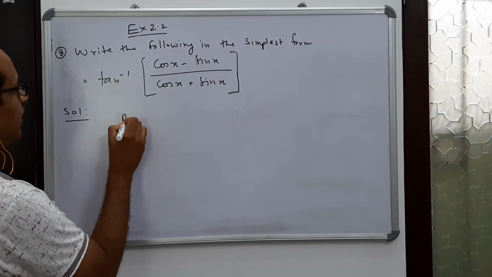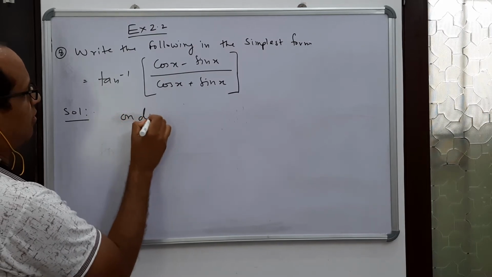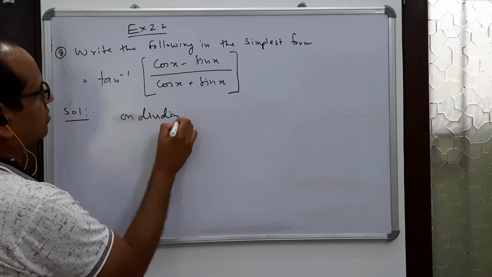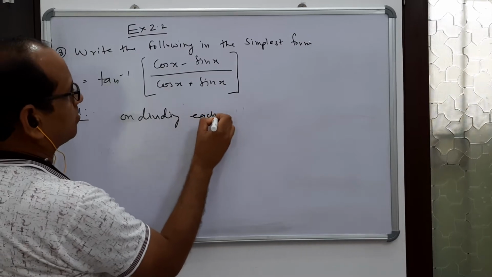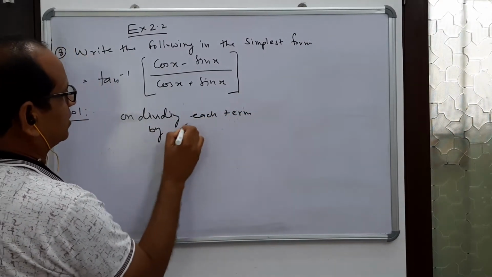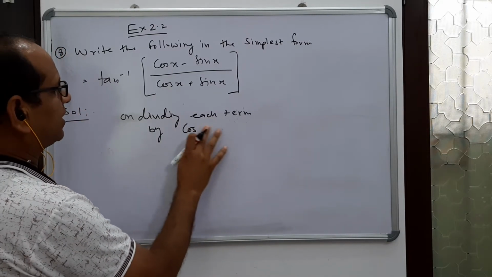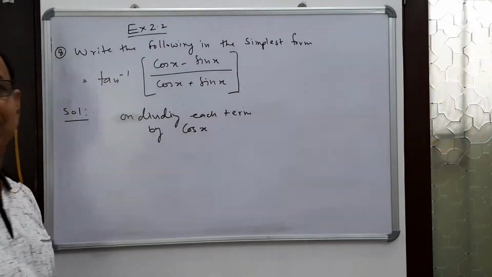So by dividing each term by cos theta, here theta is x, so we take it as x.